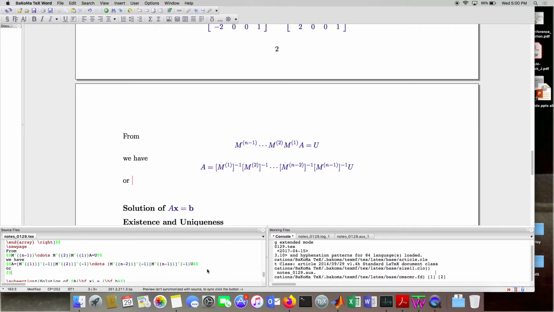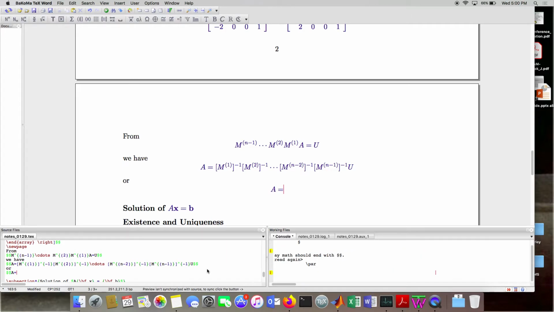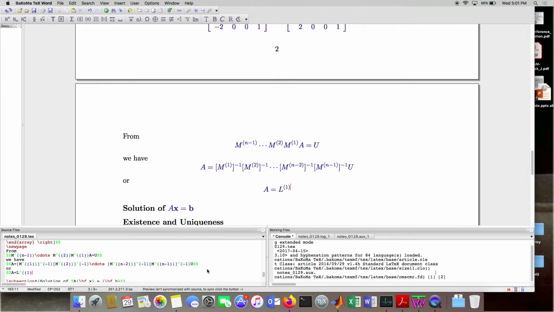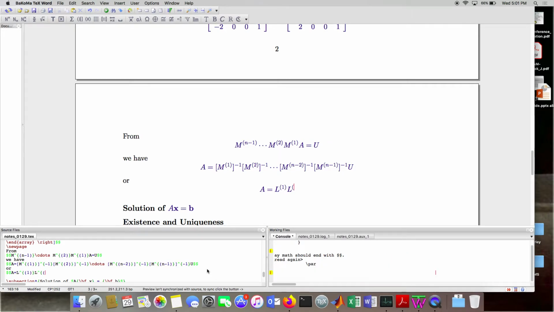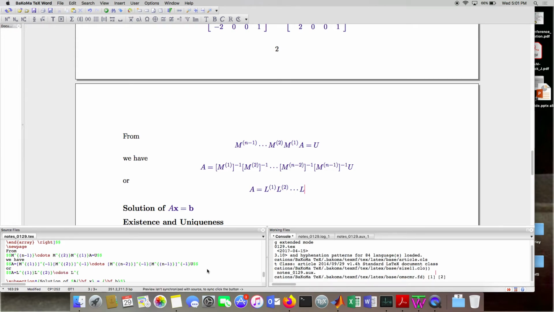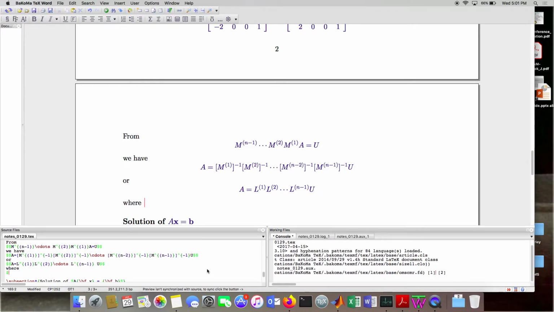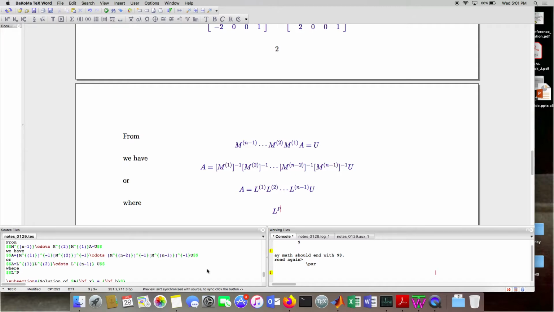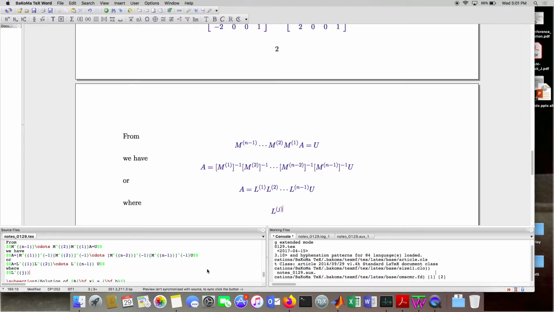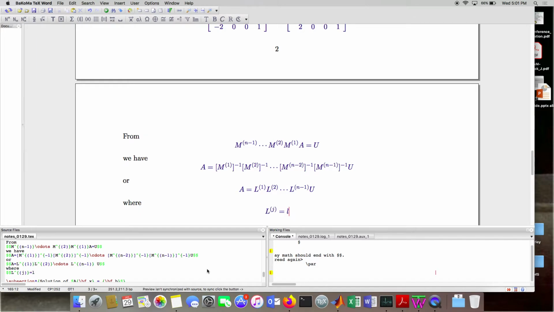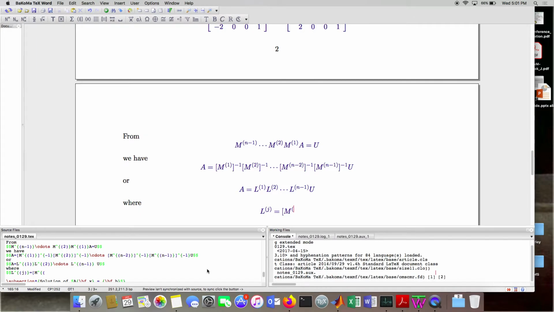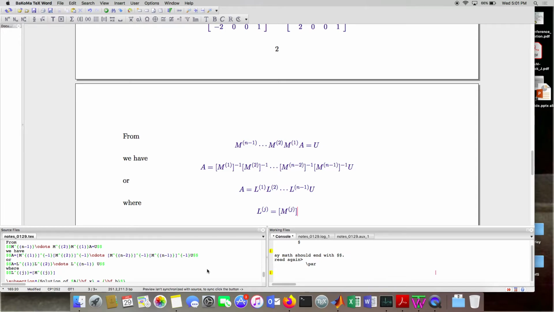But to add a more concise notation, so this would be L1, L2, L up to Ln minus 1, U, where Lj is equal to Mj inverse.